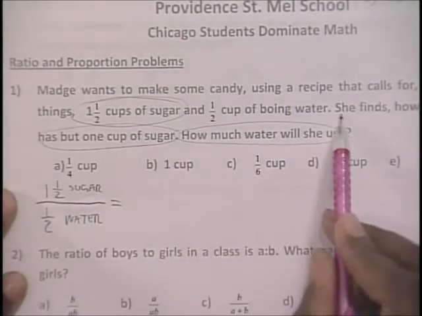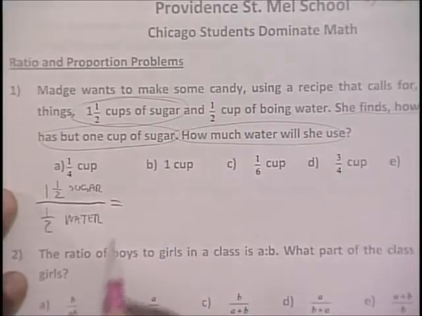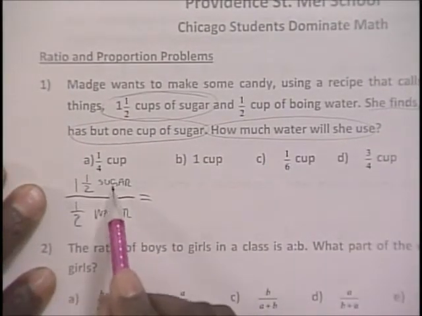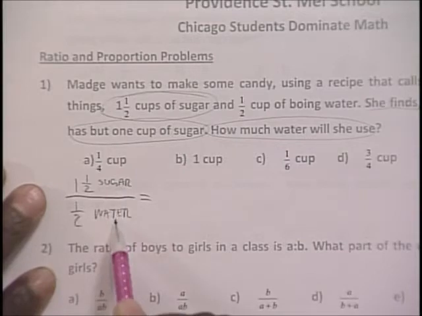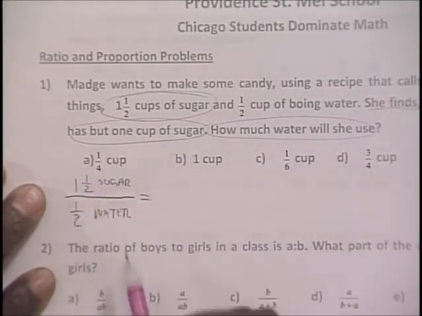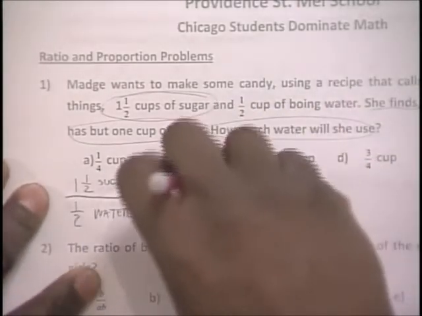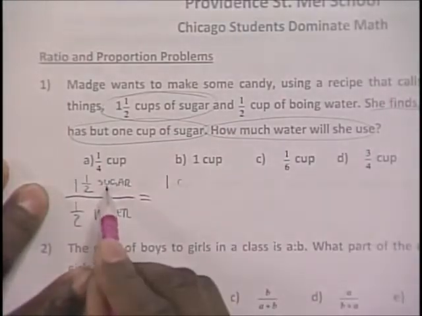So now it says she finds that she has 1 cup of sugar. The reason why it's important to label is that I put sugar up here and water down here. They tell you that she has 1 cup of sugar, so now you're going to put that 1 cup of sugar in the same numerator where you have sugar up here.